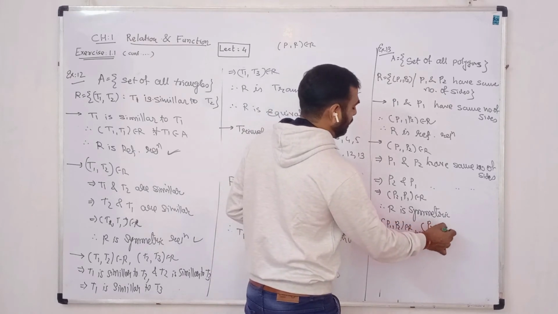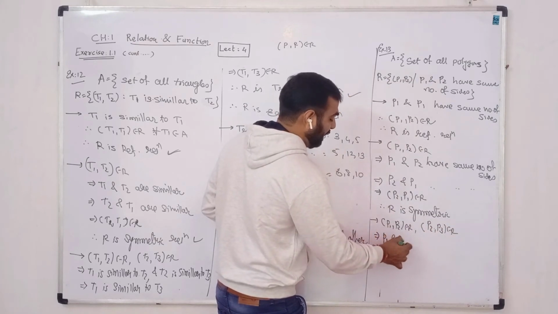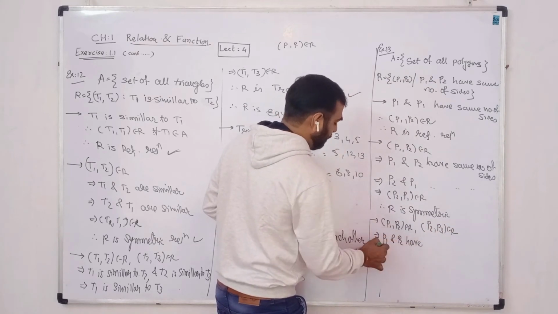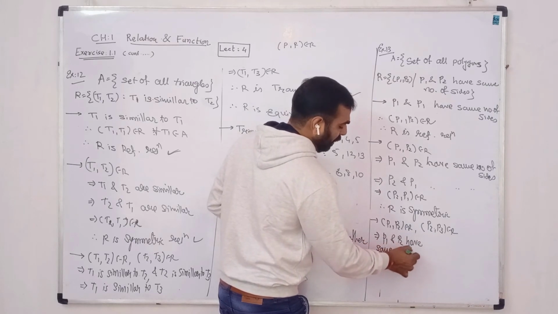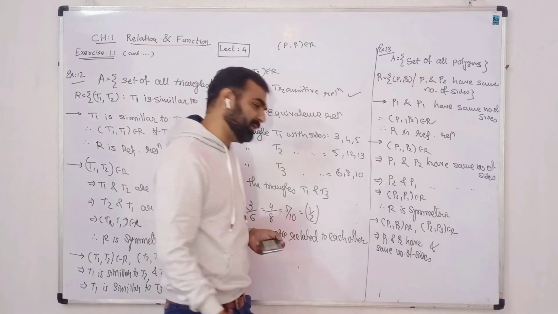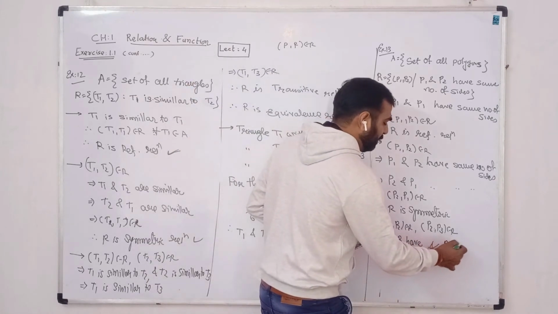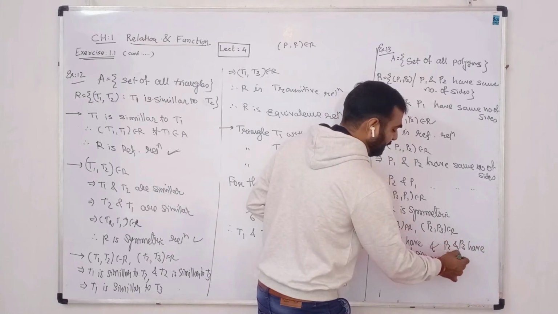Next, it is P1, P2 belongs to R and P2, P3 belongs to R. That implies that P1 and P2 have the same number of sides, and P2, P3 के लिए भी सेम लिख सकते हैं. P2 and P3 have the same number of sides.